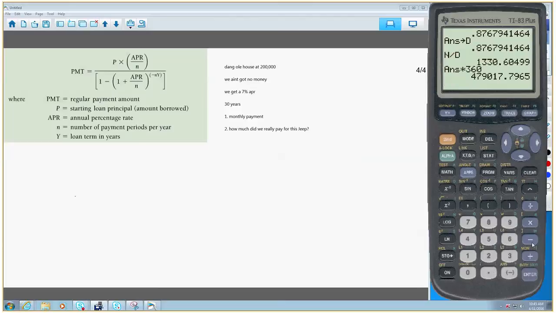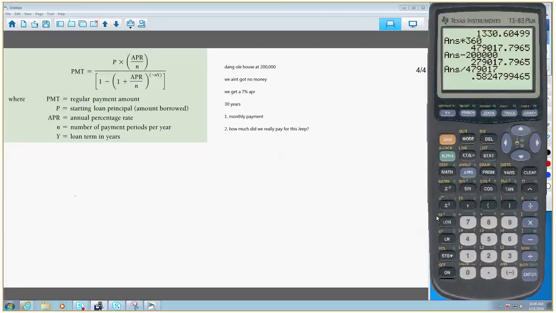Minus 200,000 equals, divided by, 479,017. I ain't worried about the decimal. 58% you're paying in interest.